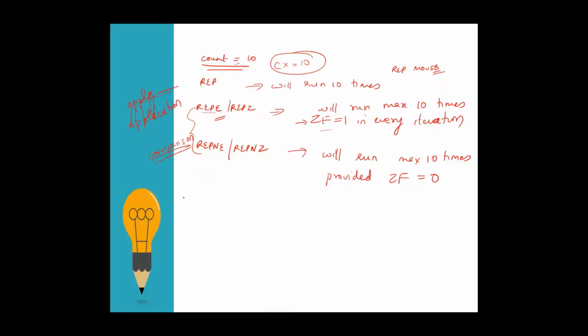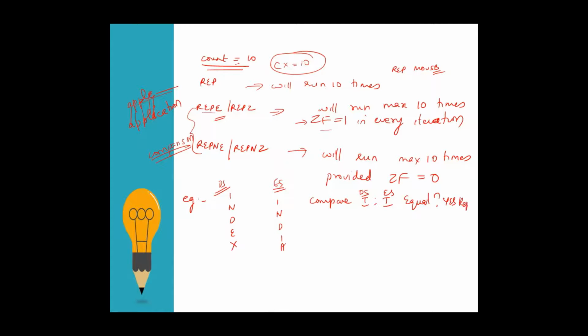Let me make this clear with an example. Suppose I want to compare INDEX, which is my source in the data segment, and INDIA in my extra segment. I want to compare whether INDEX and INDIA are the same. I will be doing a comparison byte by byte only. So what will I do in the first step? I'll compare I of the data segment with I of the extra segment. Are both equal? Yes, they are equal.